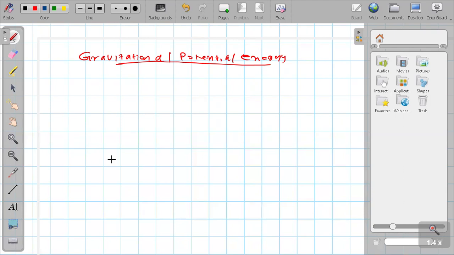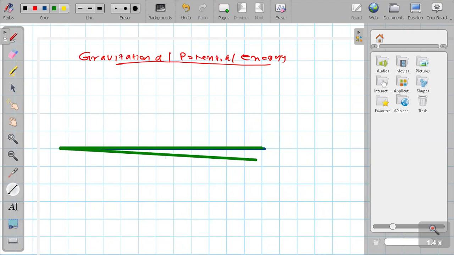Gaining of energy due to change of position in a gravitational field. Okay, now we know what is it.